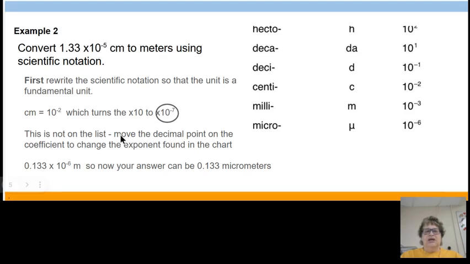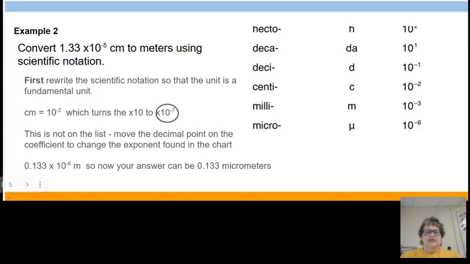Now I want to take that 1.33 times 10 to the negative 7 meters and turn it into a better prefix. In this case, the closest one is negative 6. So with a negative 6, we're going to move the decimal point in our coefficient to the left 1. If it's negative, you go to the left. If it's positive, you go to the right.